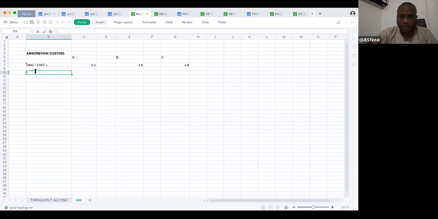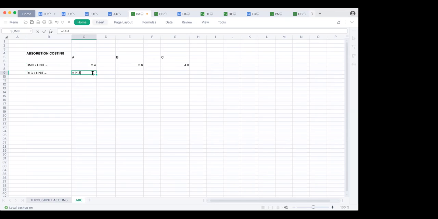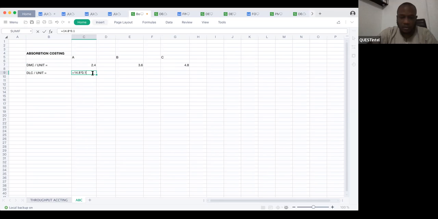Then we do our direct labor cost per unit now. So our direct labor cost per unit, 14.8 multiplied by 0.1.